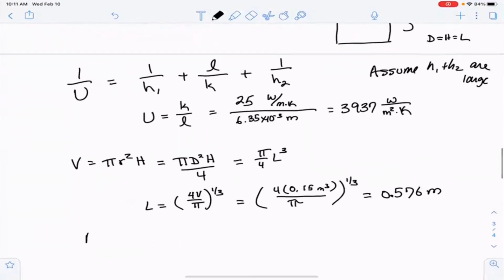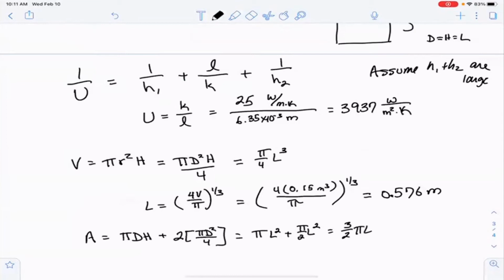So to calculate the area, the area around the reactor is just pi times the diameter times the height, plus 2 times pi D squared over 4. And given the dimensions that we know, that's just pi times L squared plus pi over 2 times L squared, or 3/2 pi L squared.